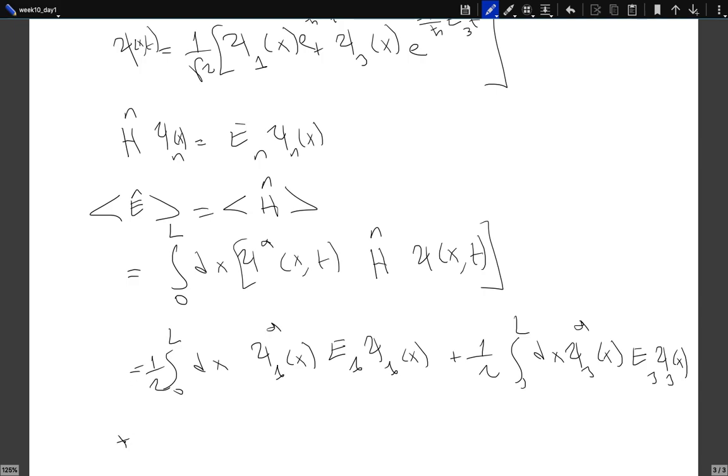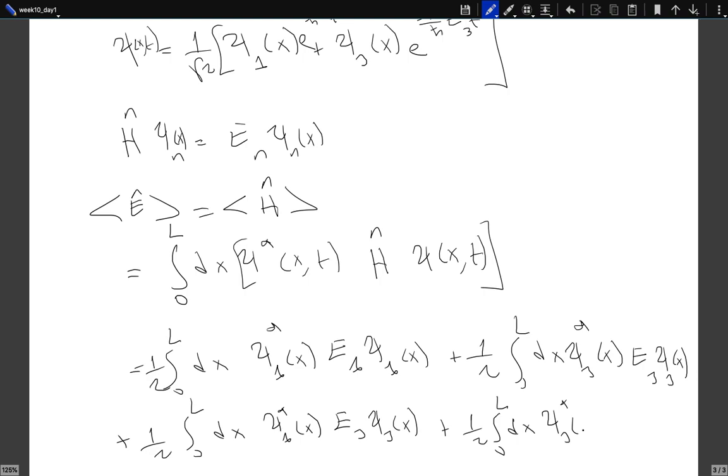Then I have plus 1 over 2 integral from 0 to L dx psi 1 star of x E3 psi 3 of x, plus 1 over 2 integral from 0 to L dx psi 3 star of x E1 psi 1 of x, and here we have e to the power minus i over h bar, E3 minus E1, times t.